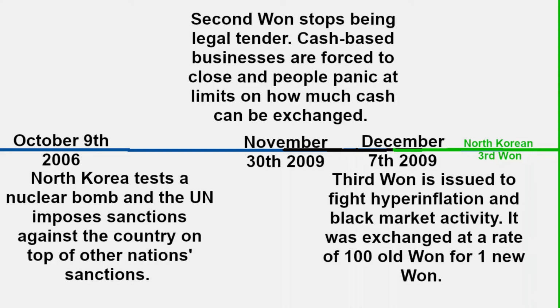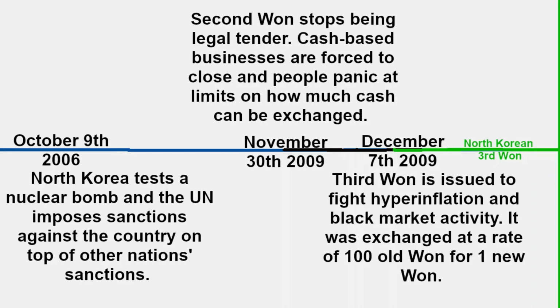August 2003, 900 won for $1. However, in 2009, they switched and they devalued the currency by coming up with the third won. So you needed 100 of the second won to get one of the new won.